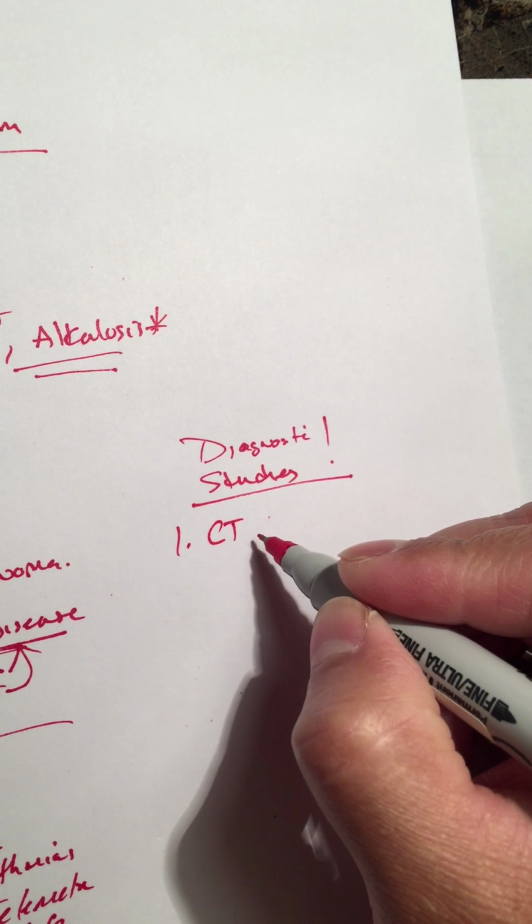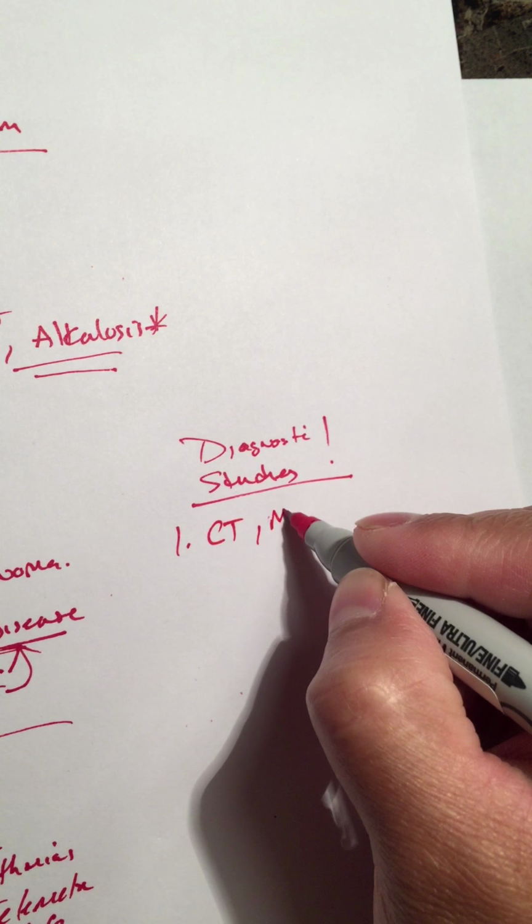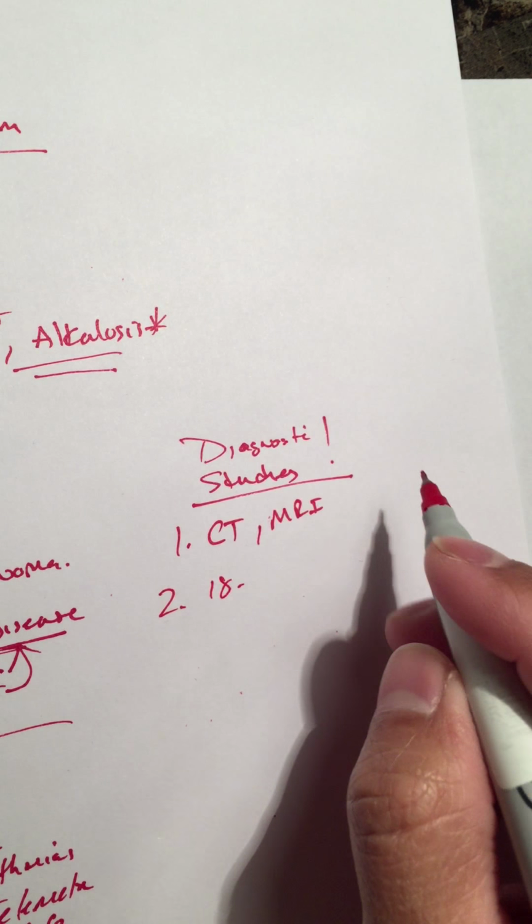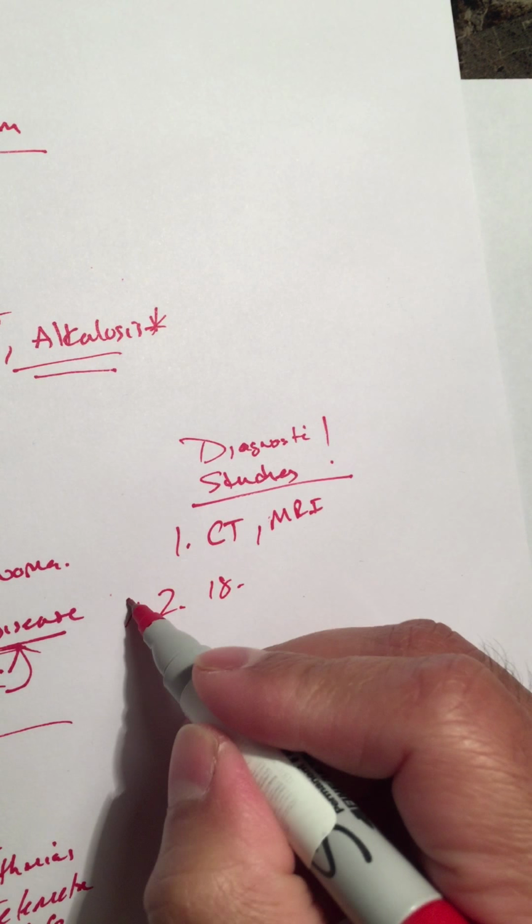So one thing that can be done, maybe perhaps a CT or an MRI to find out where that mass is. The other thing that you'll look for or do, just make sure you know this for the NCLEX, is 18-hydroxycorticosterone levels.